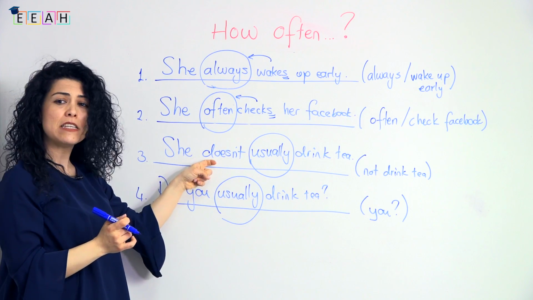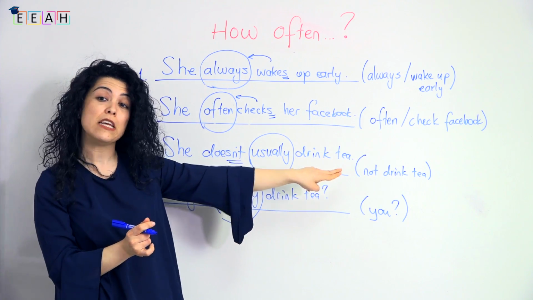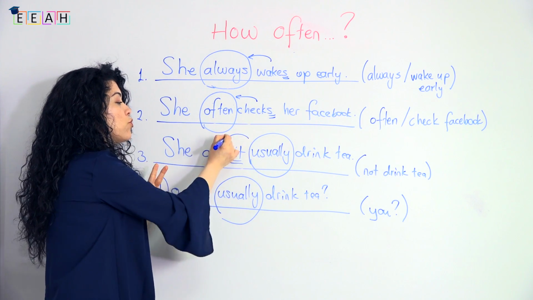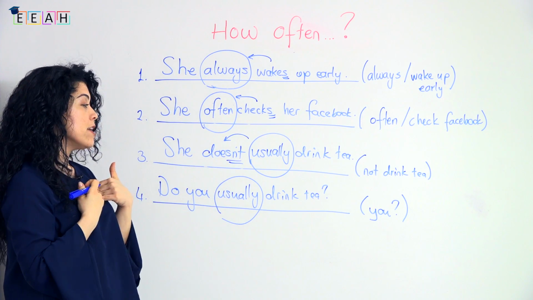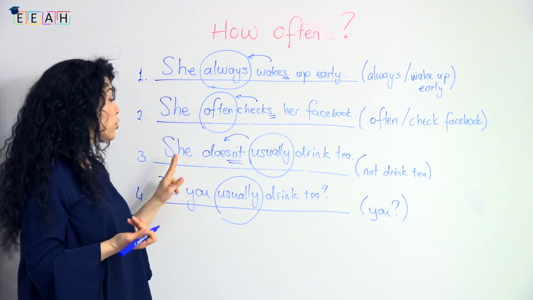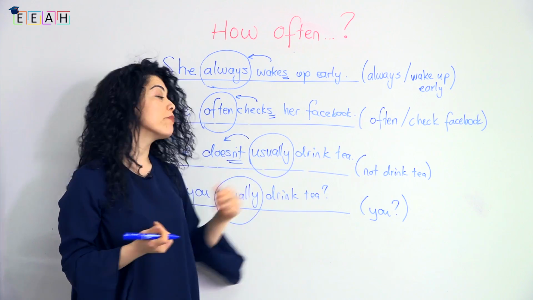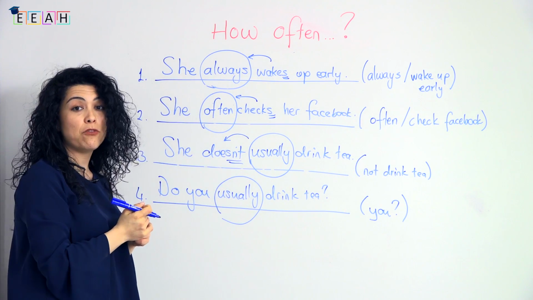If it's a negative sentence, as here, she doesn't usually drink tea, the negative form comes before usually, or the frequency adverb, okay? So let's see, I don't usually drink tea. Yeah? You don't usually drink tea or coffee. So this negation comes before the frequency adverb.